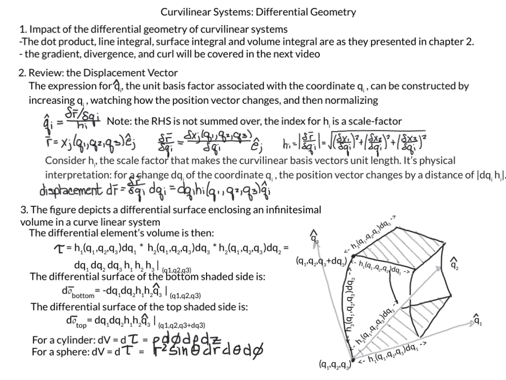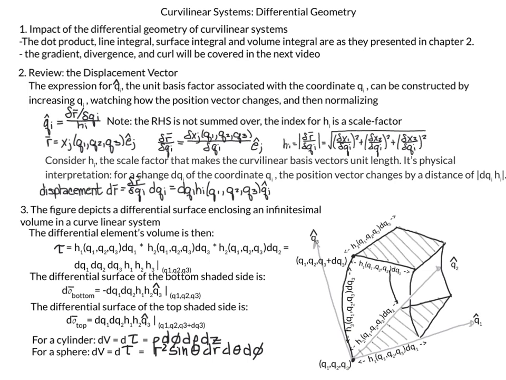The next thing we will do is review the displacement vector, which we had discussed in our previous video, and we're going to review some points about it because that'll lead us into this figure here. This figure is important because when we integrate over a surface or volume, we integrate over an infinitesimal little piece of our domain.